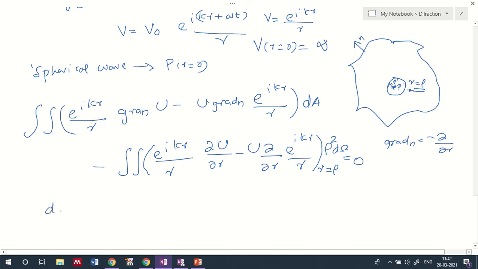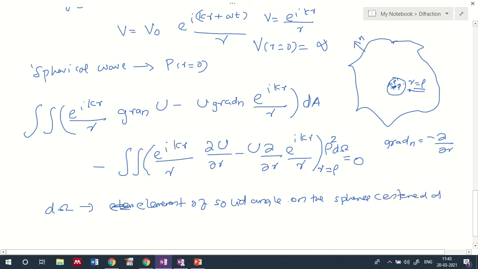What is d sigma here? Sorry, d sigma is the element of solid angle on the sphere, which is centered at P. And if you take rho square d sigma, it gives the element of area.